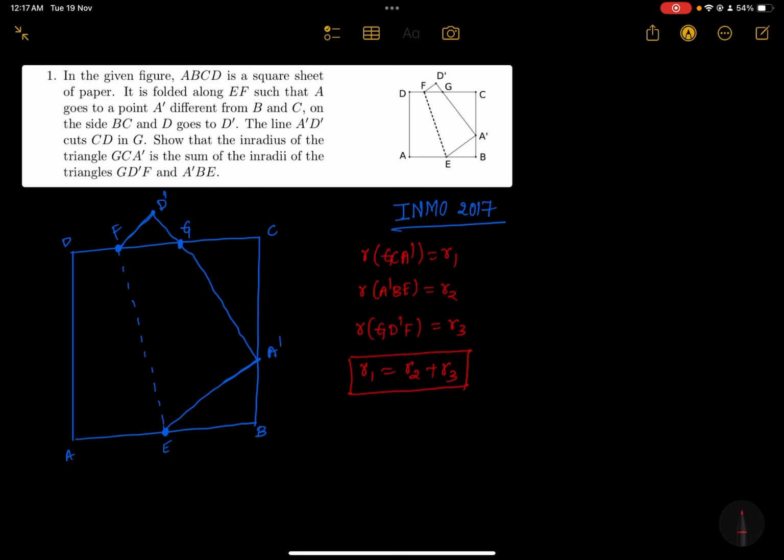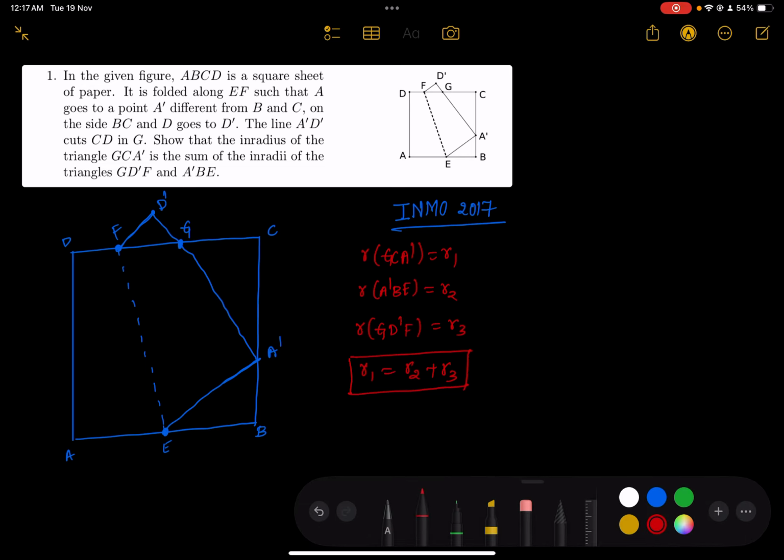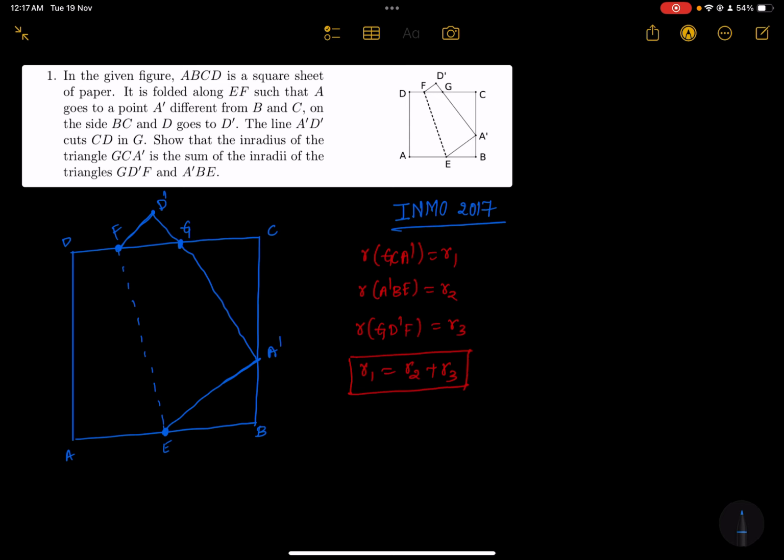So let us analyze the construction that we have made first. Since this angle is 90 degrees, this angle is also 90 degrees. And since this angle is 90 degrees, this angle is also 90 degrees. And this is 90 degrees because it is a square.